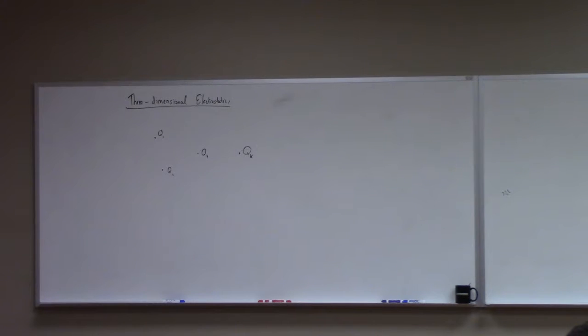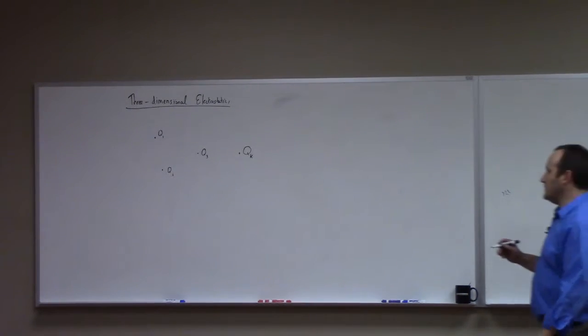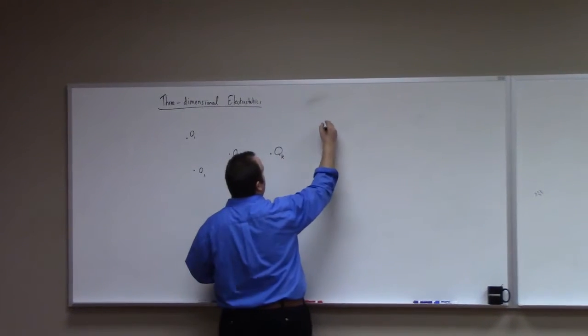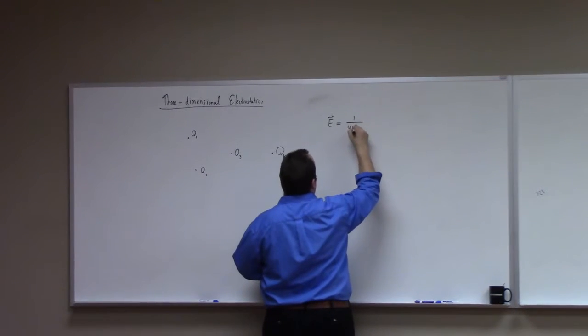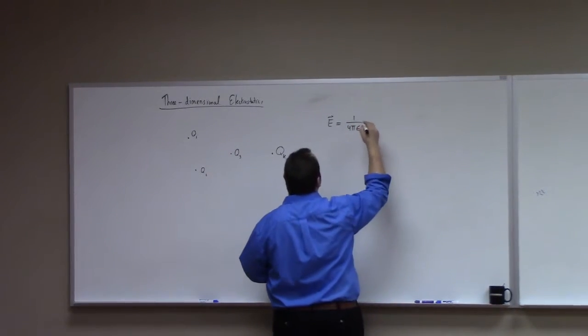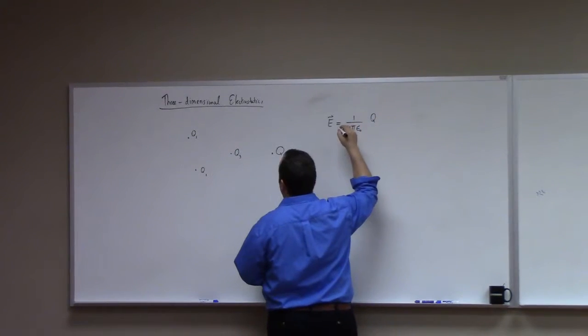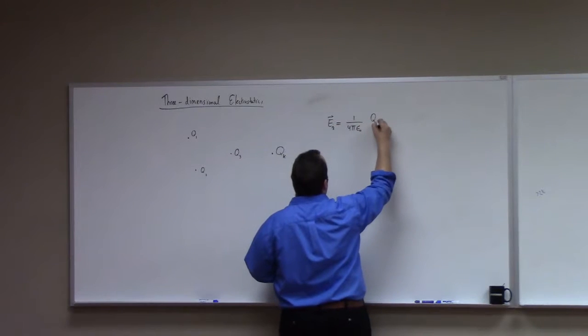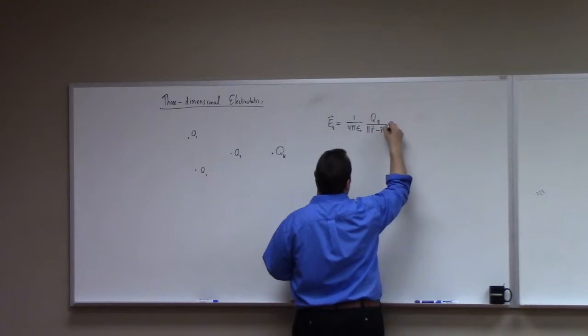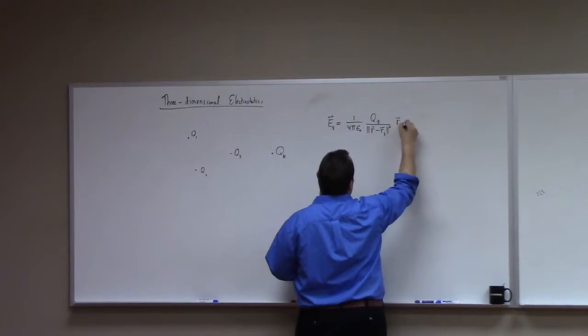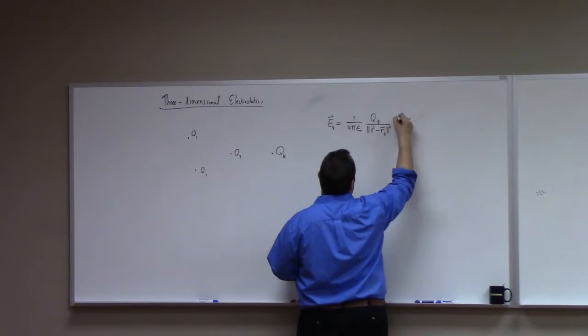In particular, the electric field is something like 1 over 4 pi epsilon naught, the electric field from the jth charge, and then I would divide by the length from R to R sub j, squared, and then R minus R sub j, the unit vector of that.